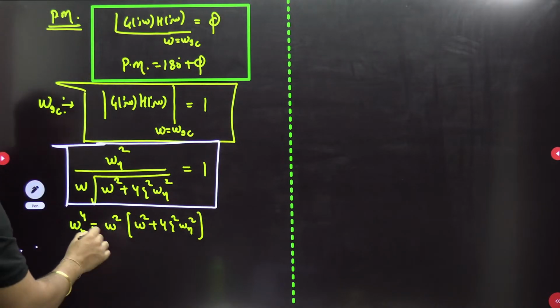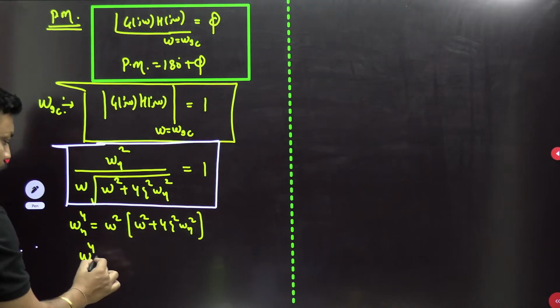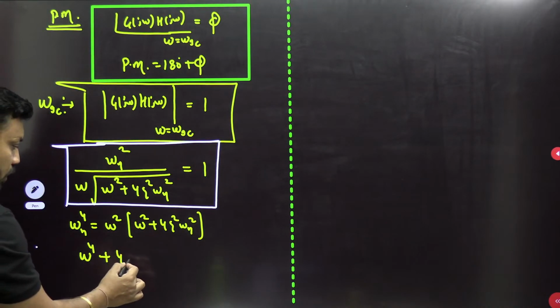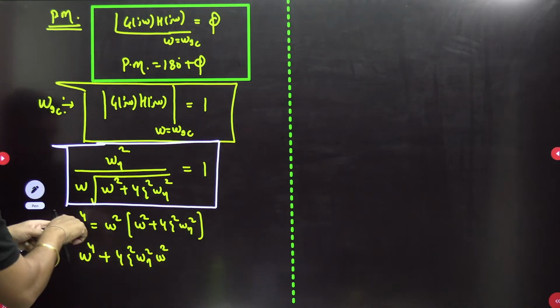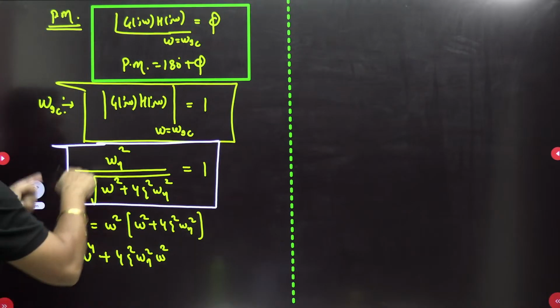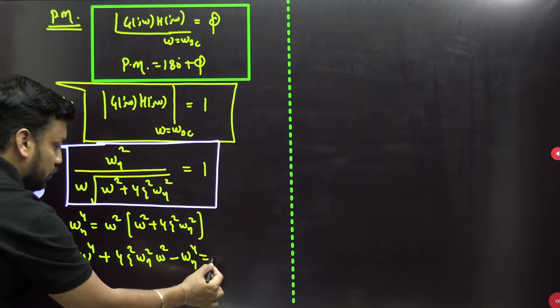Now finally what you need to do is arrange this equation, so you will get omega to the power 4, open the bracket, omega to the power 4 plus 4 zeta square omega n square omega square, and now I am shifting this omega n to the power 4 to the right hand side, so the sign will change: omega n to the power 4 equal to 0.